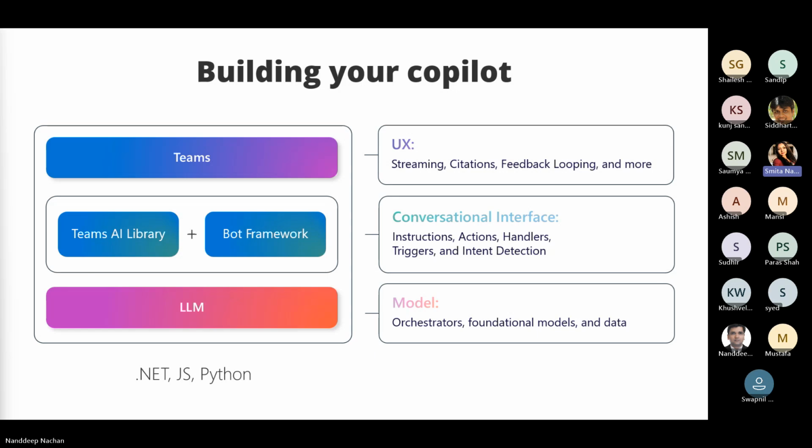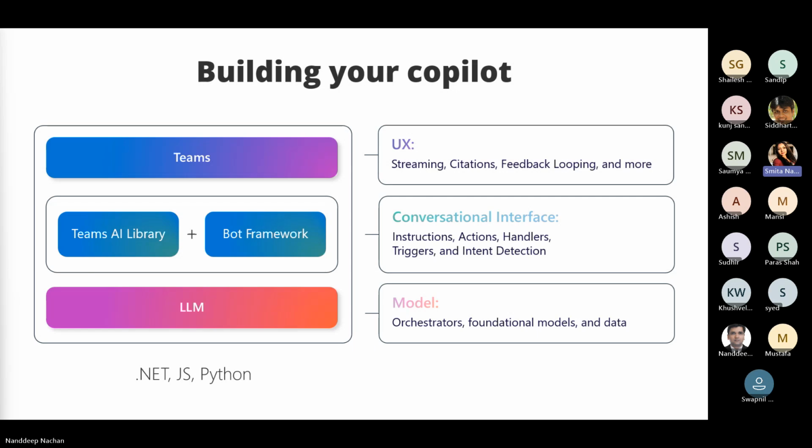Each component in this architecture plays a specific role in creating an intelligent, responsive, and customizable copilot within Microsoft Teams, which highlights the layers. Teams UI is the front end where the user interacts. Then the AI library plus the bot framework offers the tools to build the conversational flows.